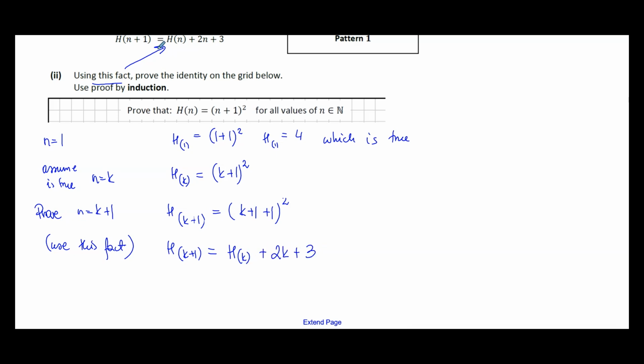So we are using this fact because they say use this fact to prove. So if that is h of k plus 1 and that is h of k plus 1, we can equate those two. I can add them up, 1 plus 1, 2.